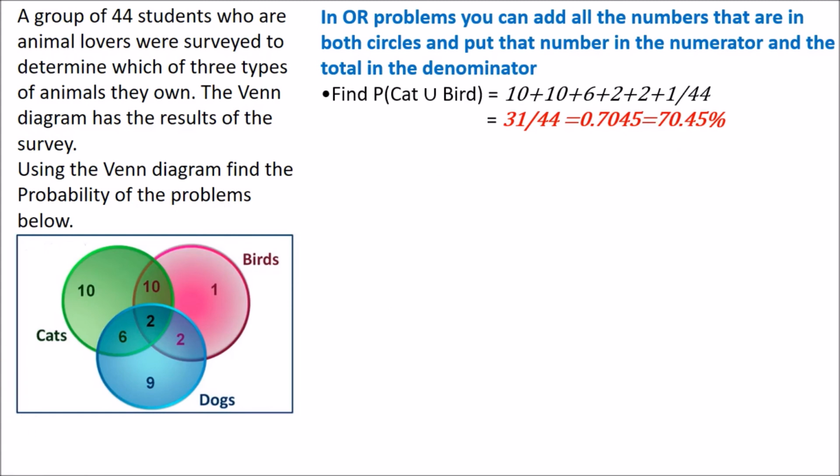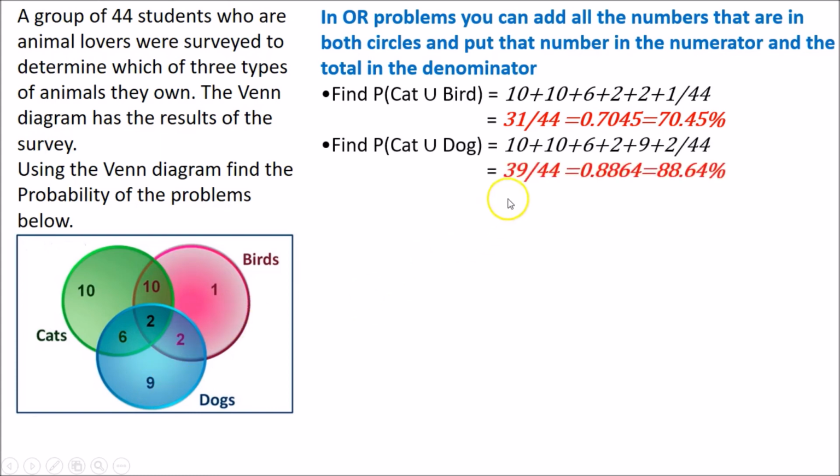Now our next problem is going to be cat or dog. So we're talking about cats, the green here, or the dogs, okay? So once again, all we have to do is add up all these numbers here and put them over 44. So we can add 10 plus 10 plus 6 plus 2 plus 2 plus 9. So that's going to be 10 and 10 is 20. This is another 10, that's 30, plus 9 is 39.